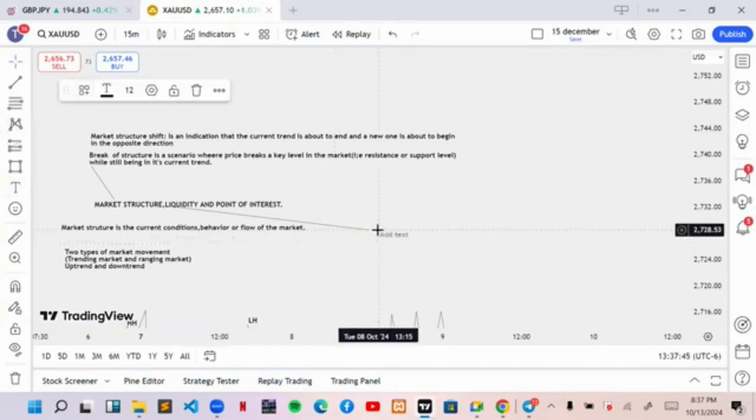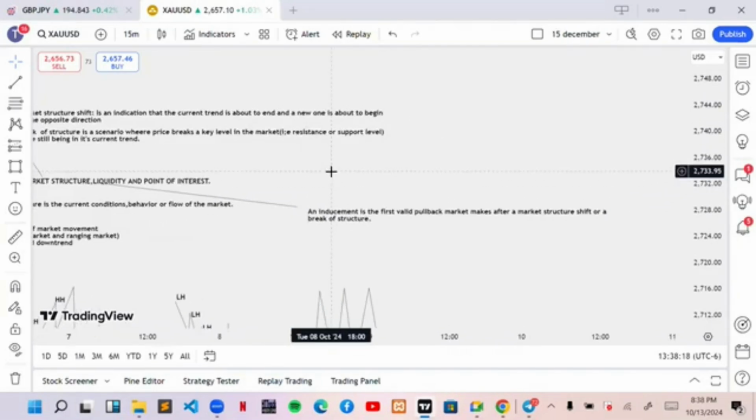An inducement is the first valid pullback that the market makes after a market structure shift or a break of structure.